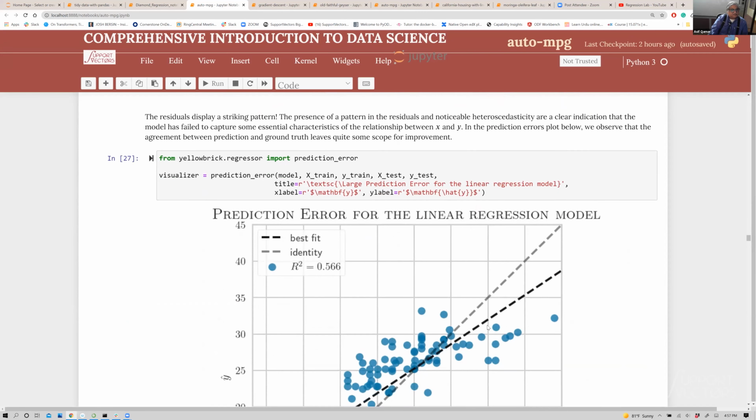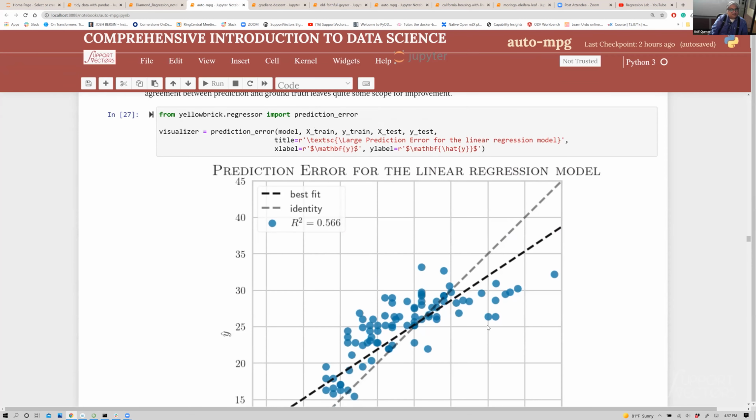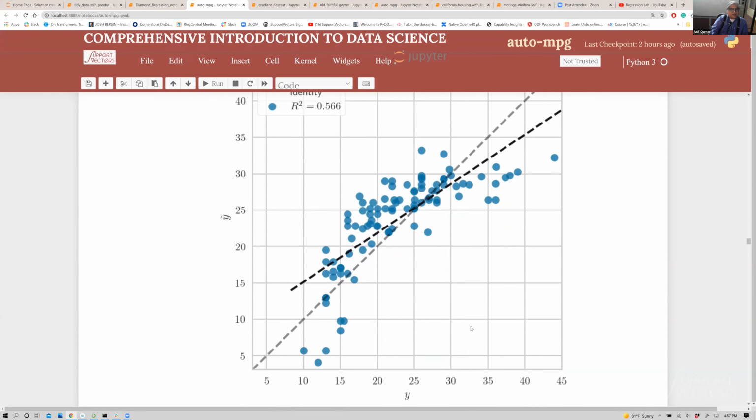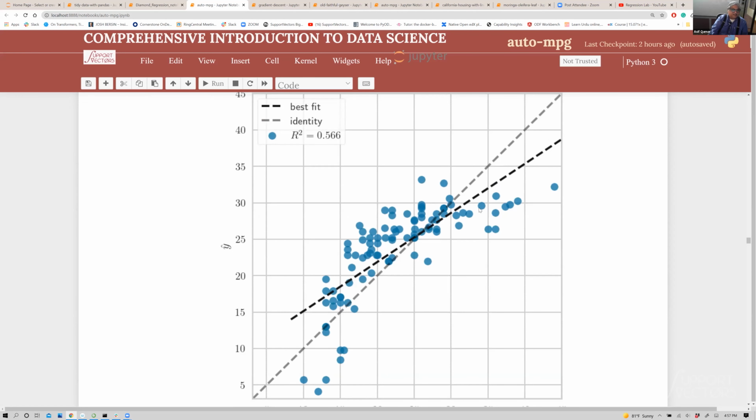Then here is one more plot that is useful. If y and y hat were completely matched, they would lie along a 45-degree axis. But when you plot y and y hat and look at the best fit line, you notice that it is tilted. It hasn't gotten the relationship well.